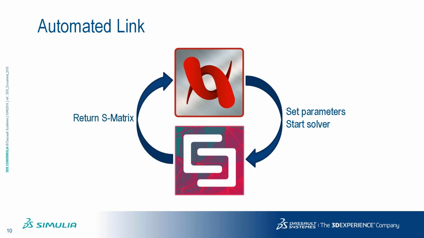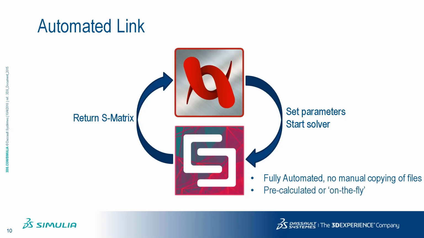And the CST Studio Suite then returns the S matrix, the scattering matrix, which basically contains information about reflections, transmittance, absorbance, and so on, and sends that back to the VPI Design Suite. All the different format conversion and so on is taken into account automatically, so the user does not have to manually copy files around.